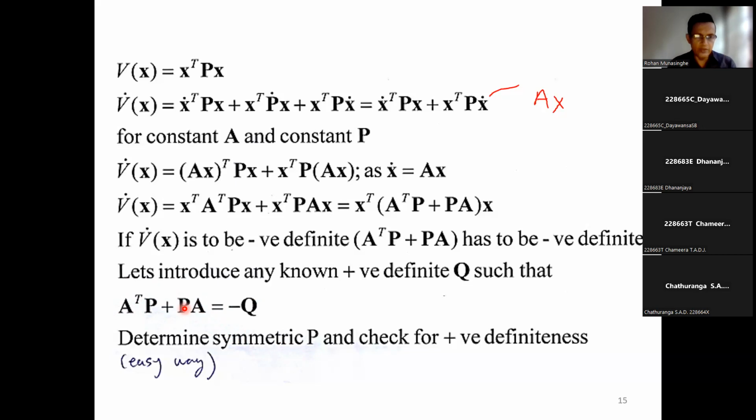So positive definite P, positive definite Q, two sides are equal, done. That's what we need to do.